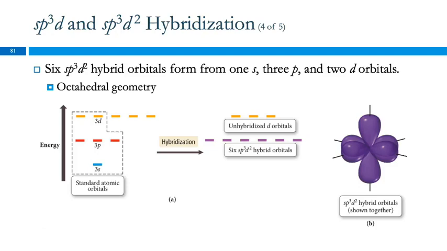Because the beds are bolted to the floor. I just made this up. The beds are bolted to the floor, and you can break down the walls and move the wall over, but you can't move the beds, right? So it's always S, and then however many of the P's, and then into the D's until you get the right number. So this will give us 6 hybrid orbitals called sp3d2, right?